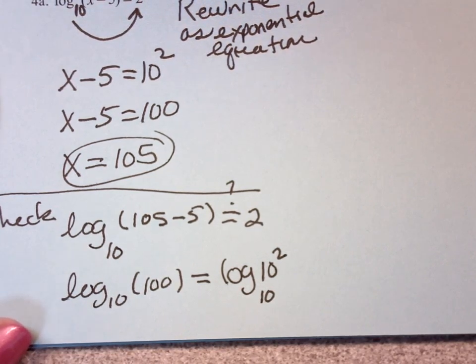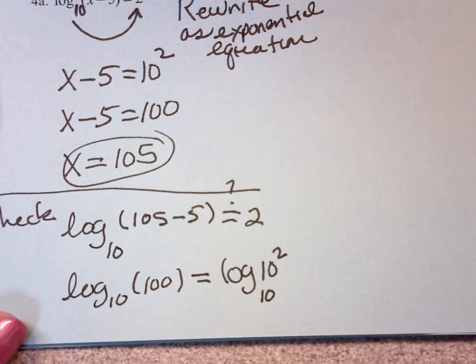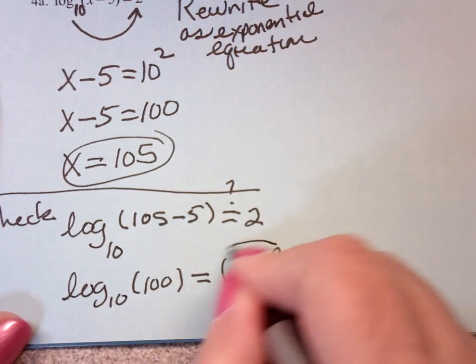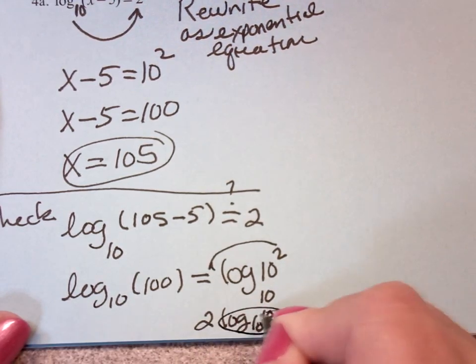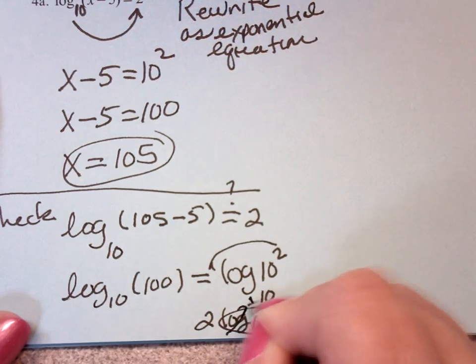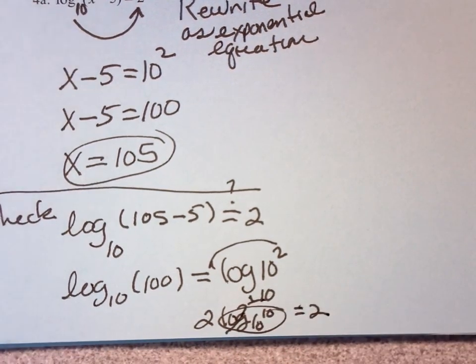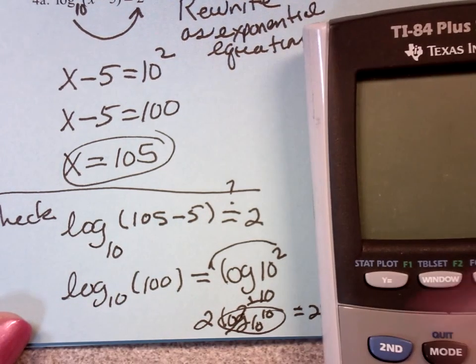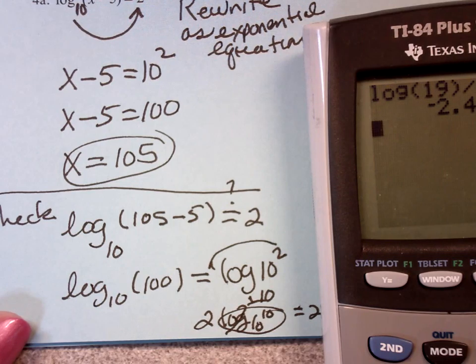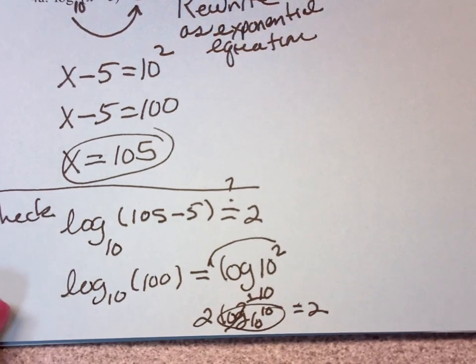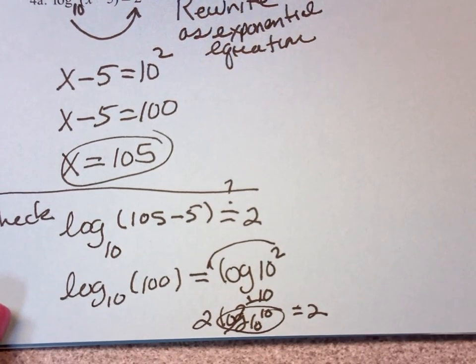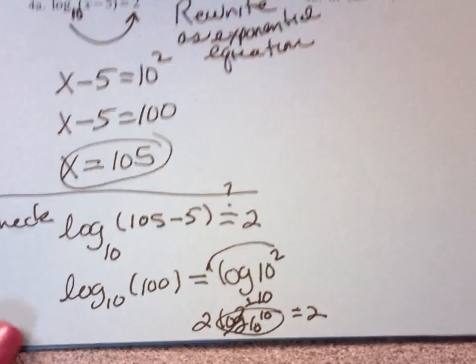Or I'll tell you what, the easiest thing to do is put it into your calculator, which becomes 2 log base 10 of 10, which we know is 1, or 2. But I do have log base 10 on my calculator, so once I get it to log base 10 of 100, all I need to do is take the log of 100, and you'll come up with 2. Because these problems are log base 10. So it's 105, so it'll check. The big thing is rewriting as an exponential and solving for x.